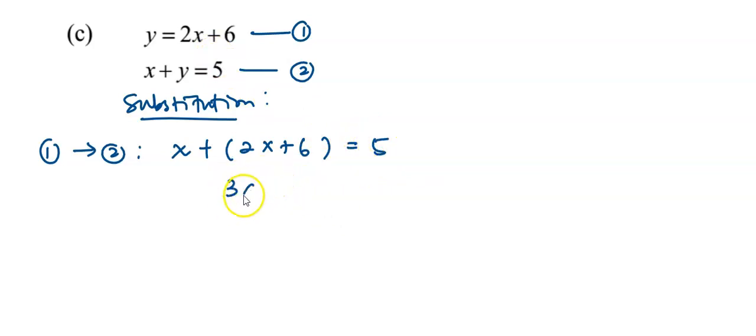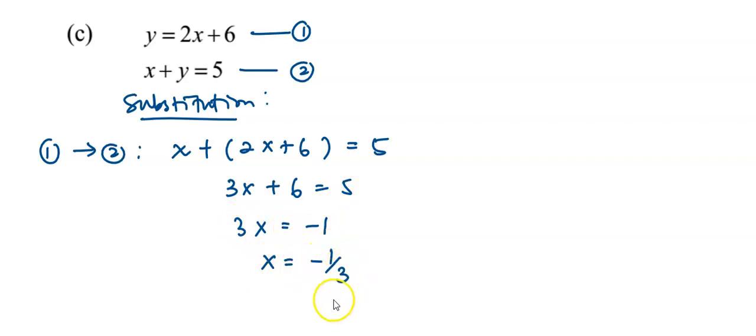Then simplify it, you have 3x plus 6 equals 5. 3x will equal negative 1 and x equals negative 1 over 3.